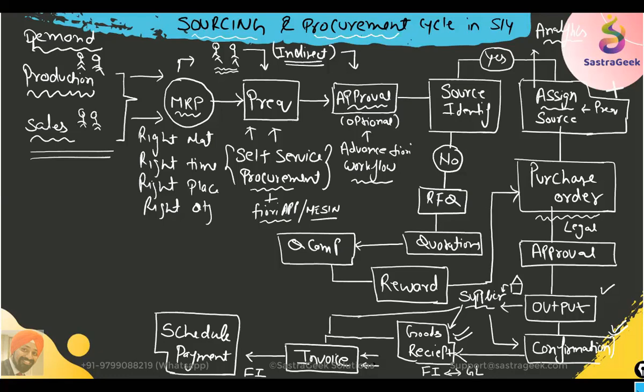So guys, this is the overall process in sourcing and procurement at a high level. If you try to do all these things with the standard transactions, you will not face any difference between ECC MM and sourcing and procurement in S/4HANA.